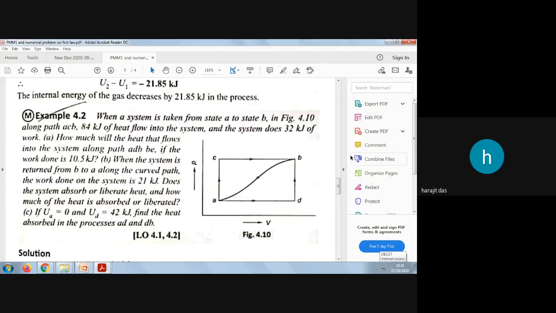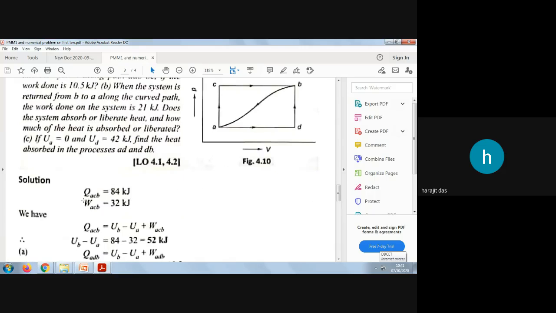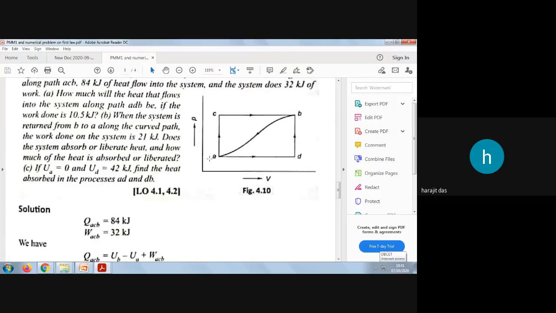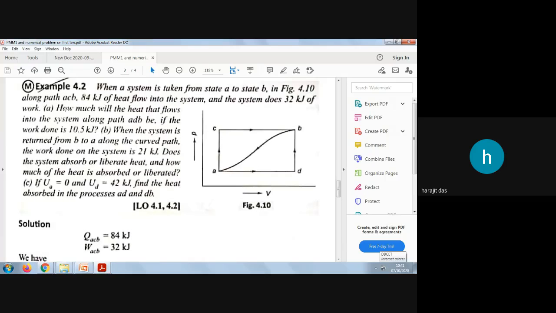So in ACB, what are the given things? Q ACB is given and W ACB is given. In this part, both the things are given. Now, in part A, they have asked how much heat flows into the system along path ADB.